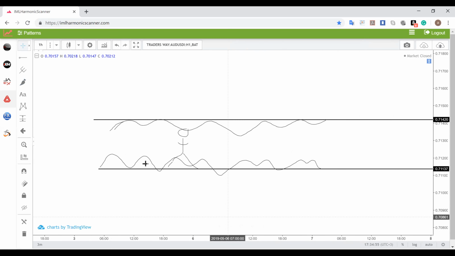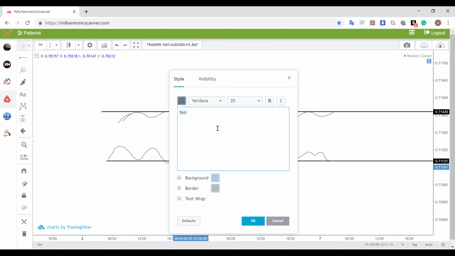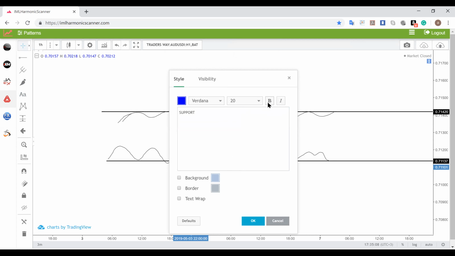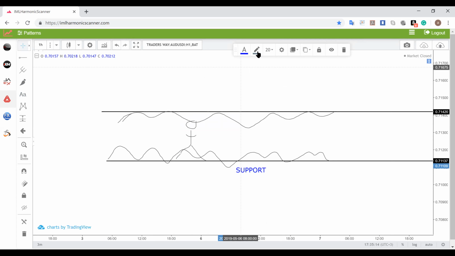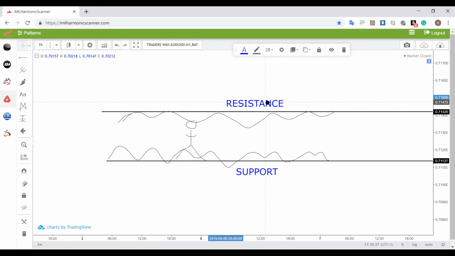Check this out. This is your support zone. And this is your resistance zone. Support is under, resistance is above.